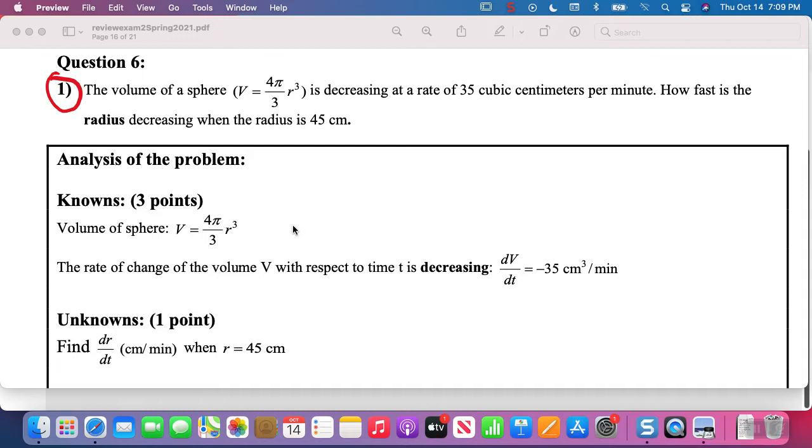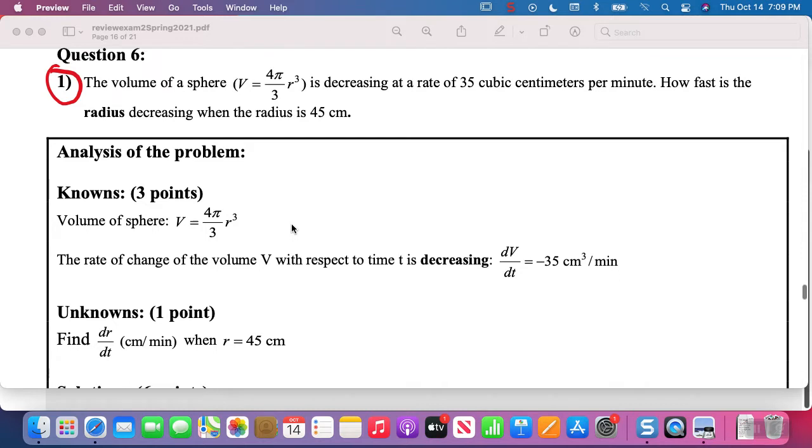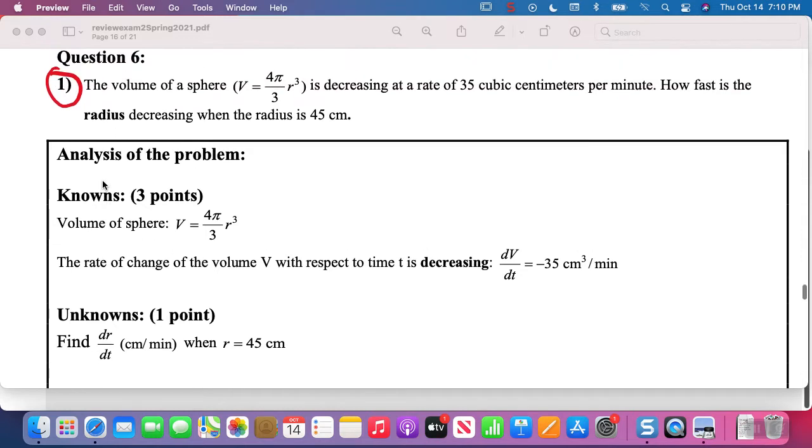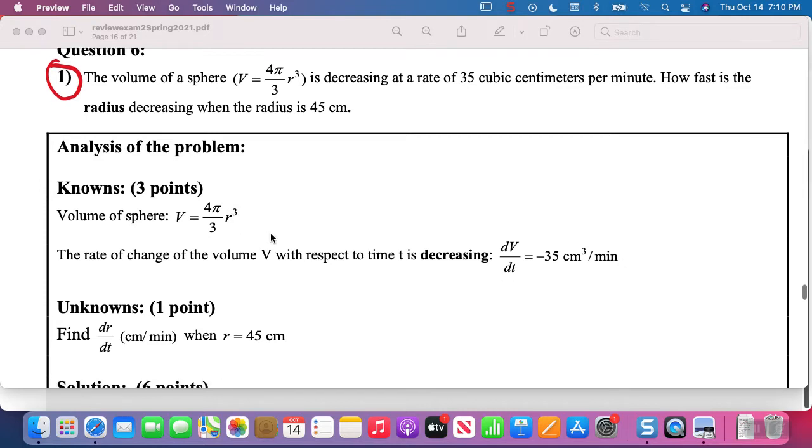With this problem, the first thing to do is to write down what we know. We know the volume of a sphere, V equals 4 pi over 3 times r to the third.